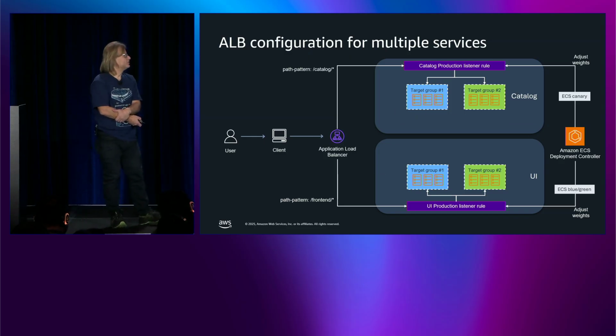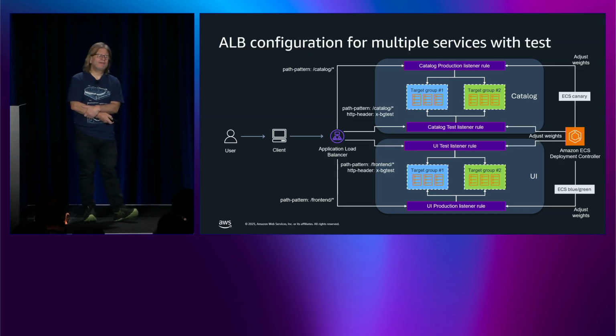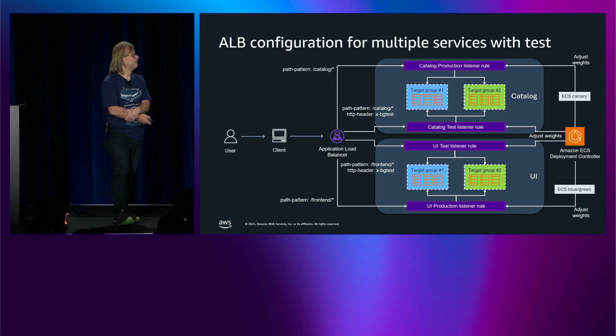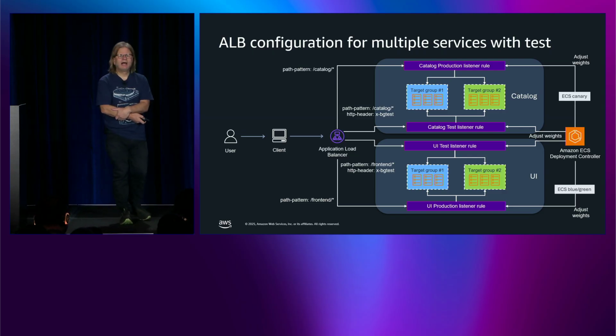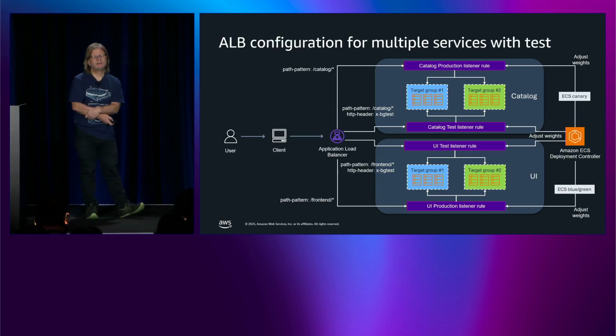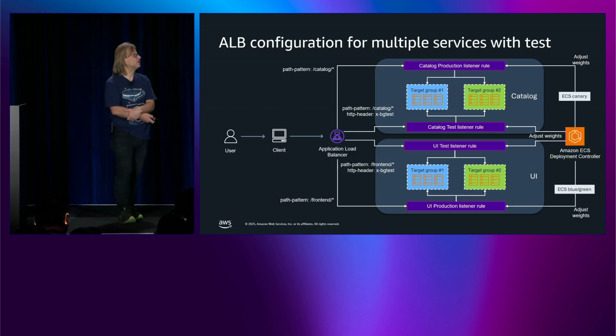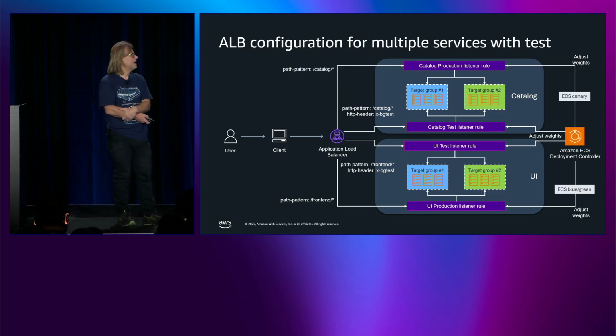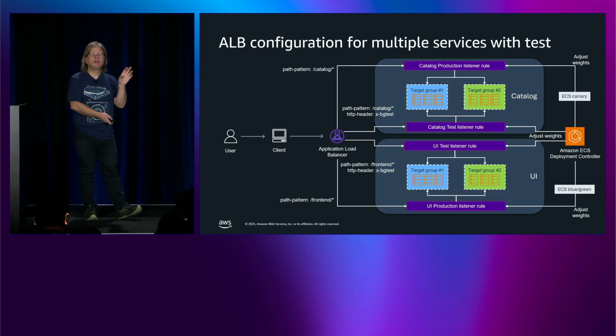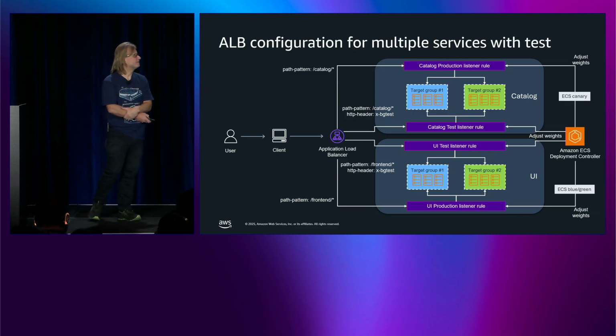In order to route the test traffic, we have another two listener rules, and we've added the HTTP header checks matches onto those rules as well. It's important to order your rules in the right order in order to get the desired effect.